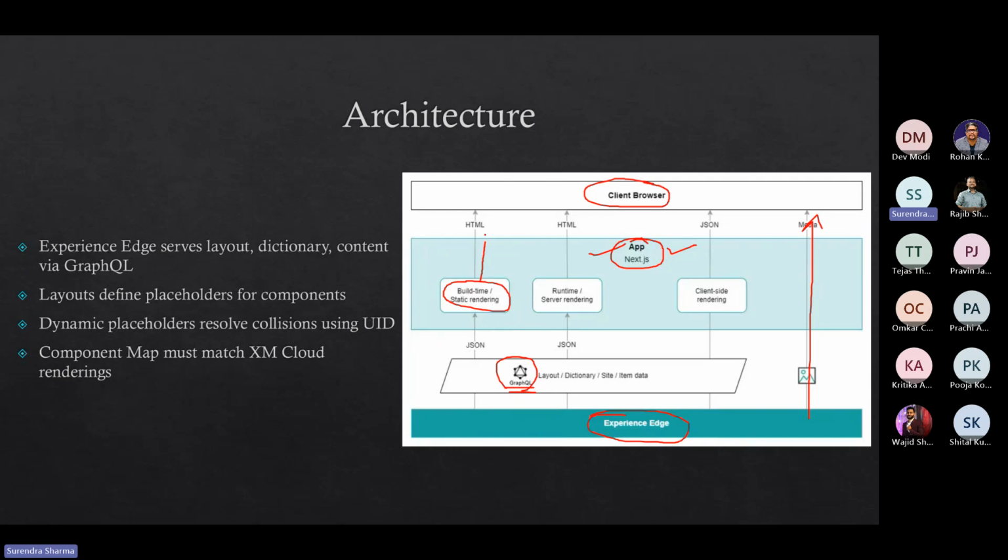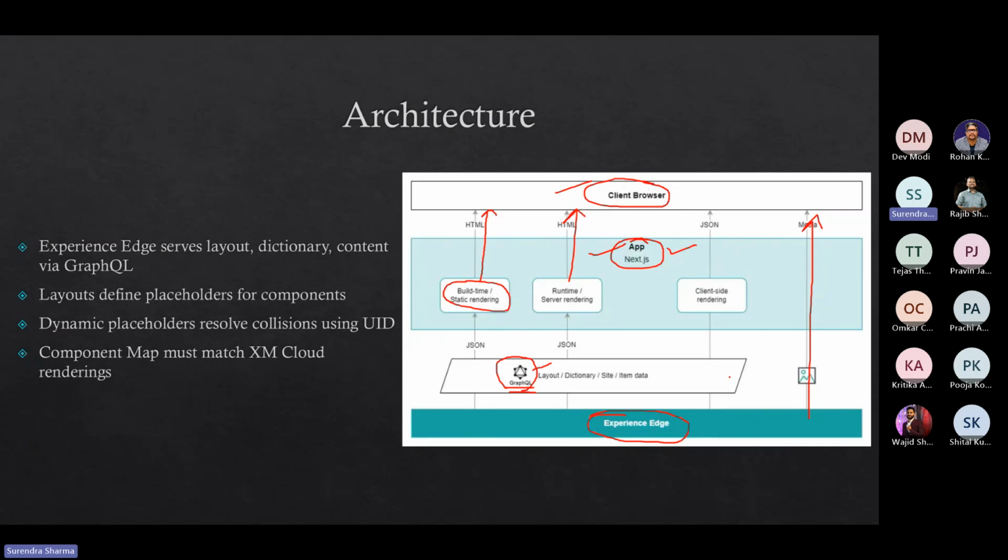Finally, your HTML page is going to be rendered on the client browser. Similarly, if you are using something dynamic in nature, then you can use server-side rendering. Again, for that, you will get the data from GraphQL in terms of JSON, and this JSON data is going to be integrated with your HTML, and finally it will be given to your browser.